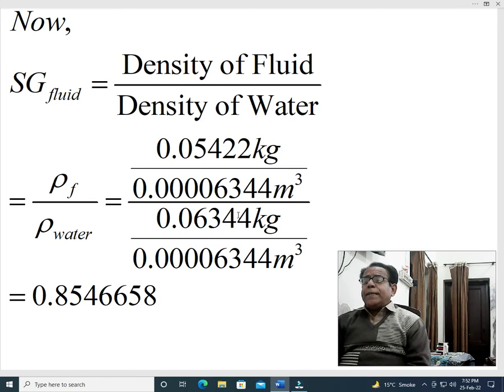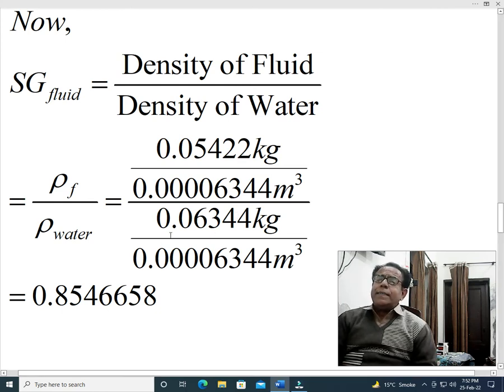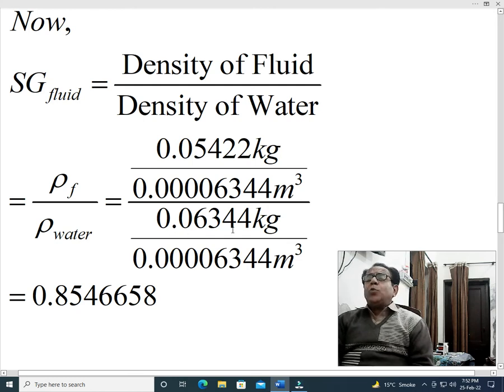Now, density of fluid is equal to mass of fluid over volume of fluid. Similarly, density of water is equal to mass of water over volume of water.